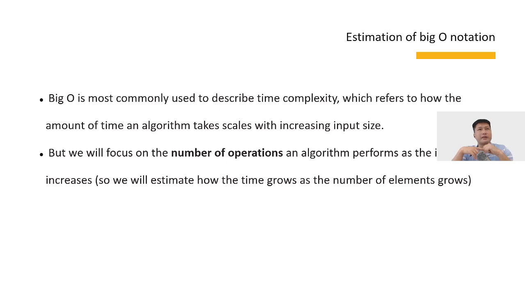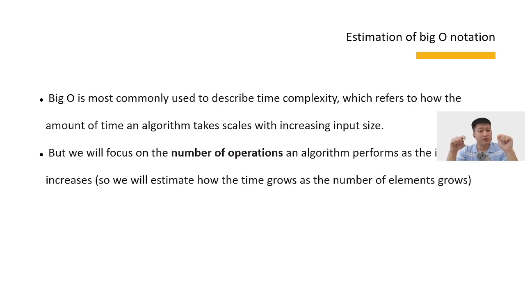But it's not correct to estimate the algorithm using seconds and milliseconds. Why? Because if you run the same algorithm on two computers, let's say the first computer is very fast, with a good CPU and many cores, but the second computer is slow, with a bad CPU, you will see a difference in time.